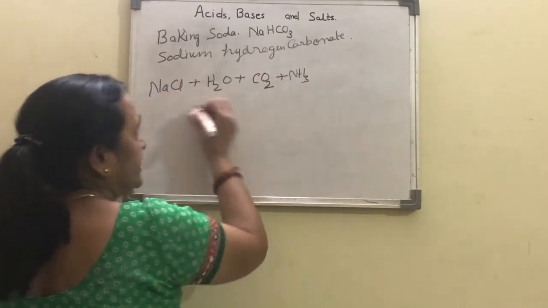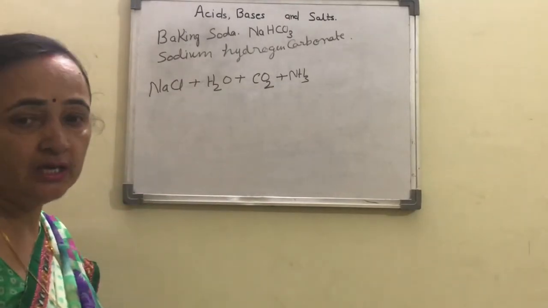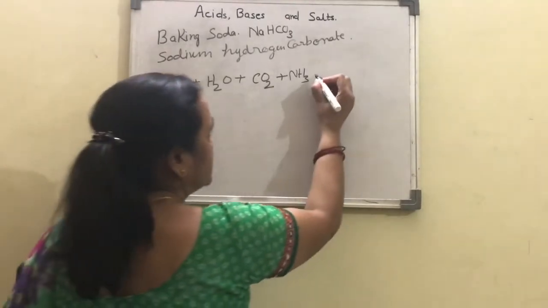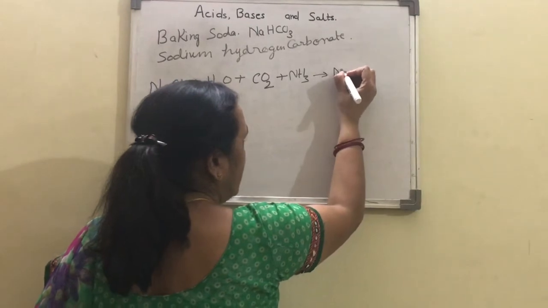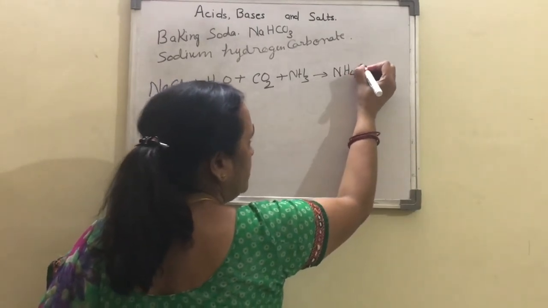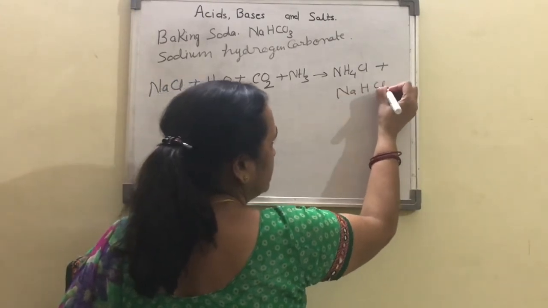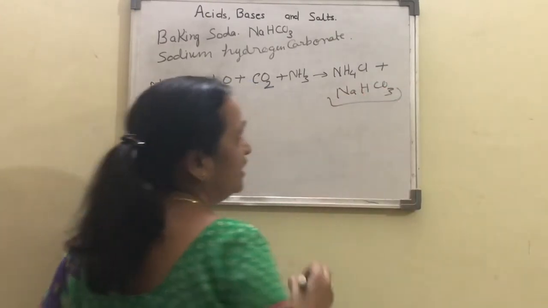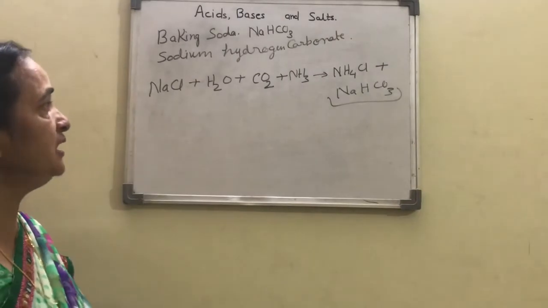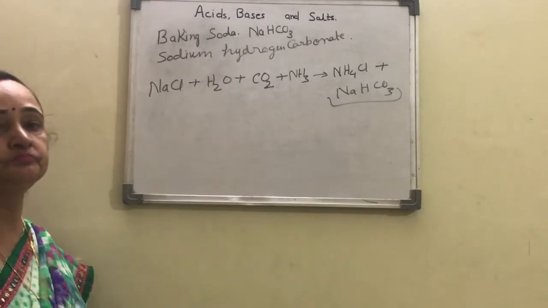These four reactants are there in this case. When the reaction takes place, NH4Cl is formed and NaHCO3 is formed, and this NaHCO3 is baking soda.